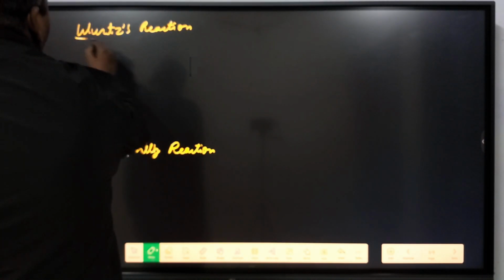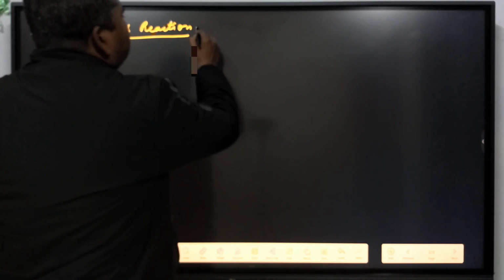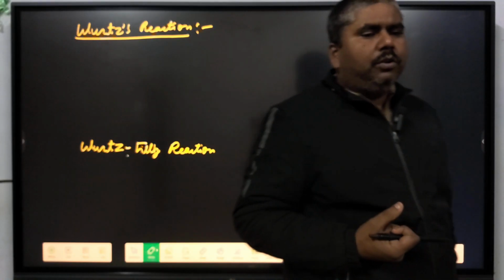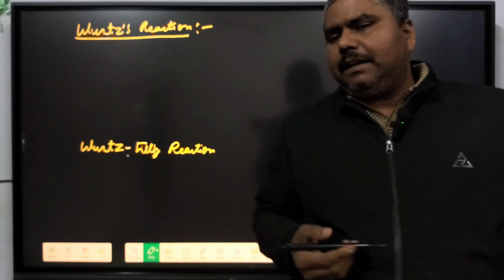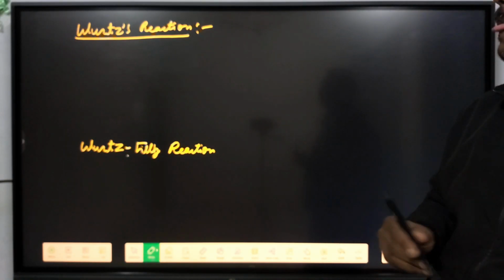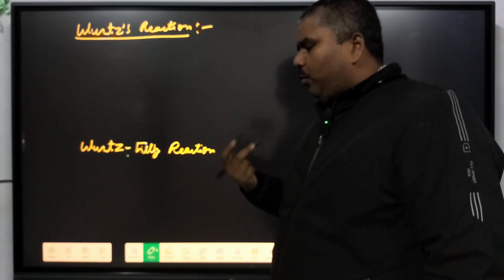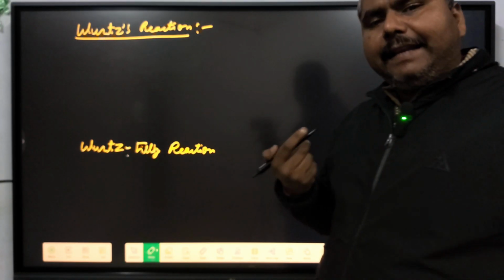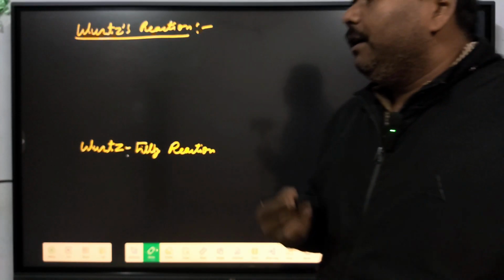Next reaction is Wurtz reaction. In Wurtz reaction, this reaction is used to increase the carbon chain. In this reaction, two molecules of the same haloalkane react with sodium metal in the presence of dry ether.